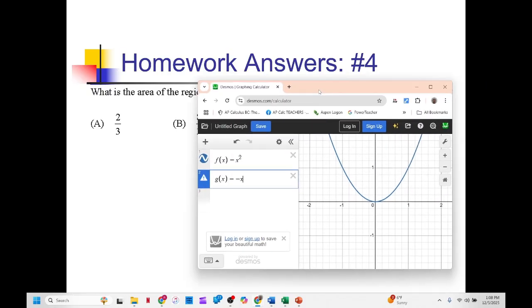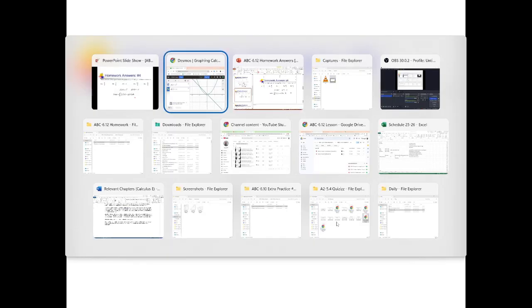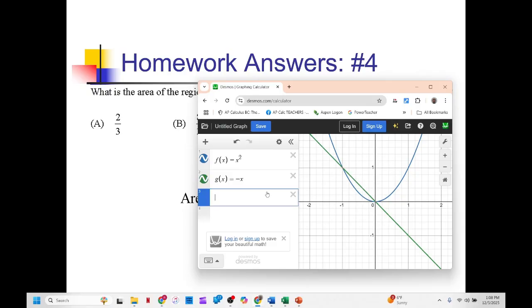That was negative x. And we see that between 0 and 2, x squared is going to be higher. So when we take this integral, we're going to be doing f of x minus g of x. So to do our integral, we're going from 0 to 2, f of x minus g of x dx, and we'll just plug that right into Desmos the way it is.